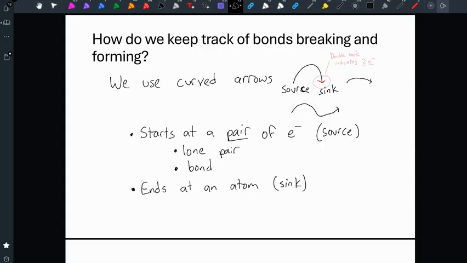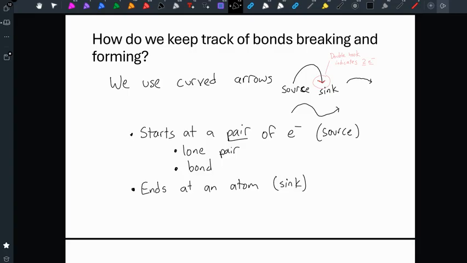The source is where your arrow is starting, and the sink is where the electrons are going. One thing to note, the sink has to have space for those electrons. You can't dump electrons into an atom that already has a complete octet without moving some other electrons out of the way to make space. So this is the curved arrow mechanism.